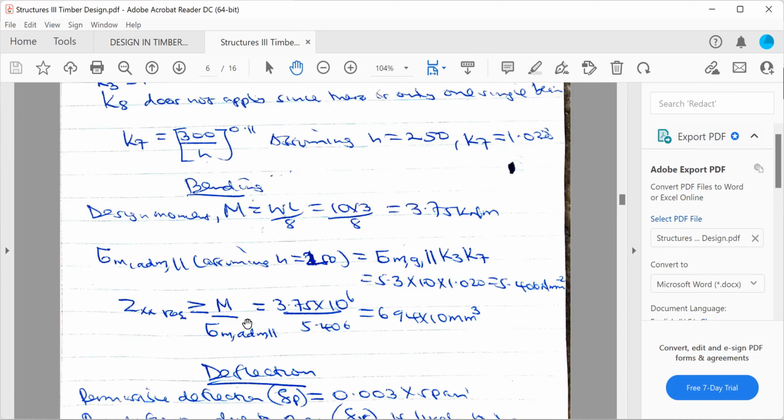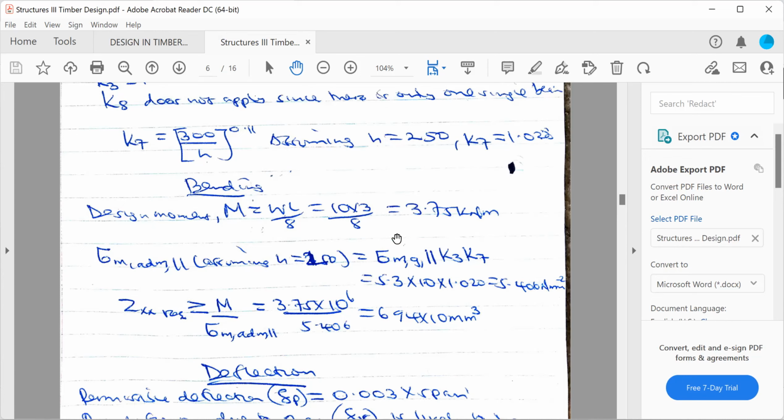At this particular point, we assume the worst situation whereby our design moment is equivalent to the moment capacity, meaning that permissible bending stress parallel to the grain times section modulus is equal to the design moment. Then you divide by permissible bending stress, but we say it should be at least equivalent or greater than the design moment.